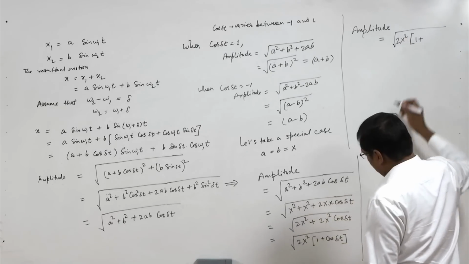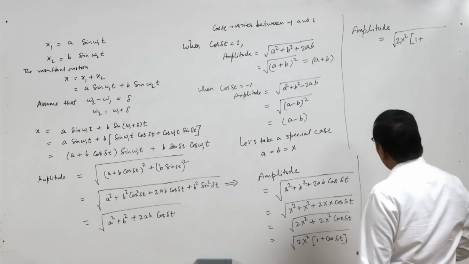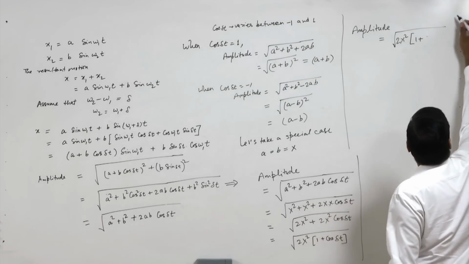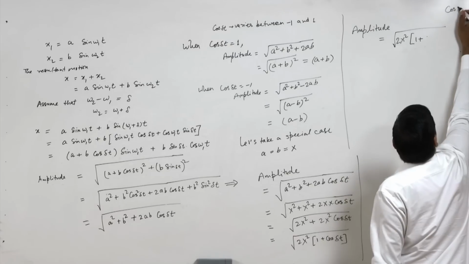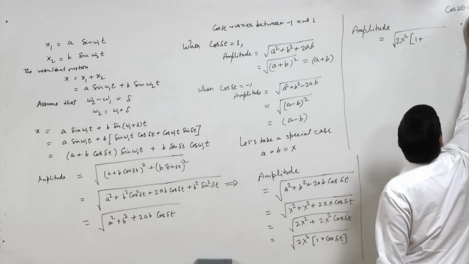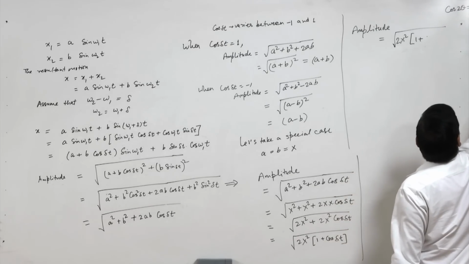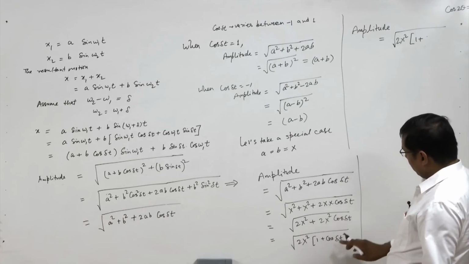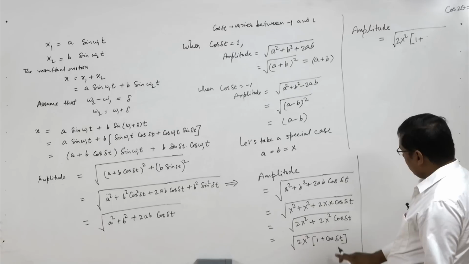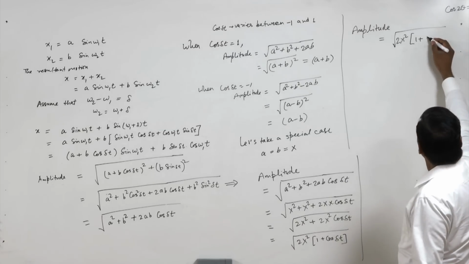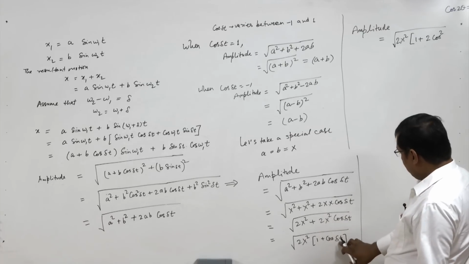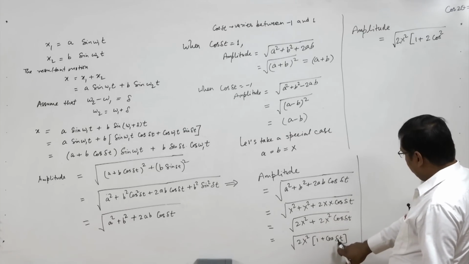1 plus cos 2 theta equal to 2 cos square theta minus 1. So we will use this formula to break this term. So 1 plus 2 cos square, here 2 theta is delta t, so theta is delta t by 2.